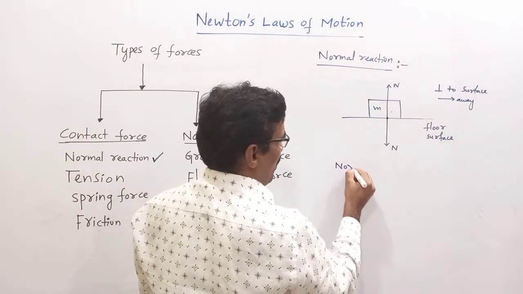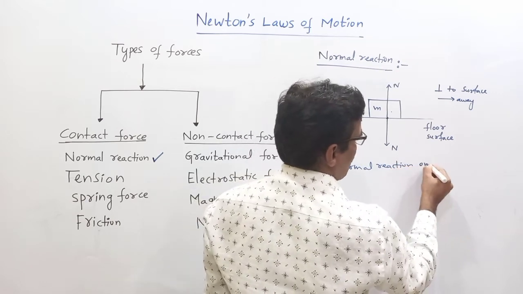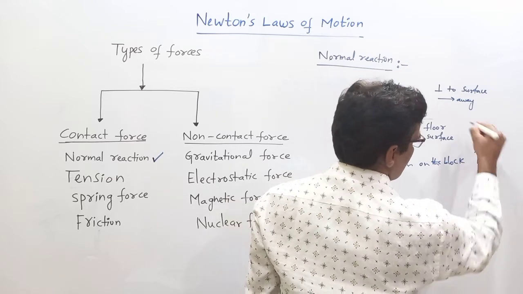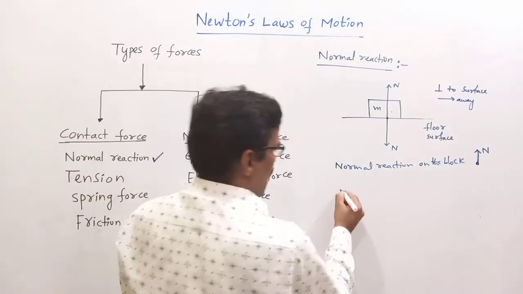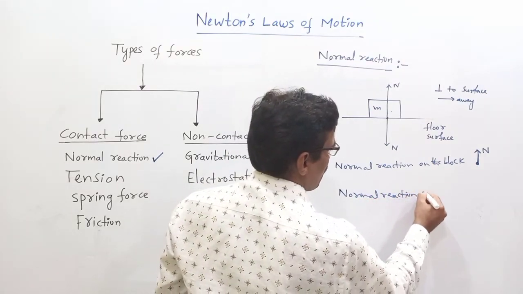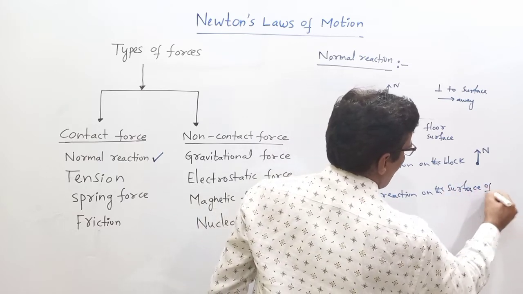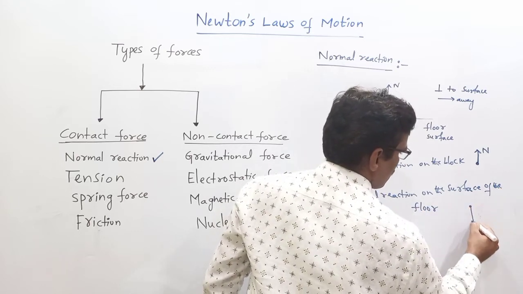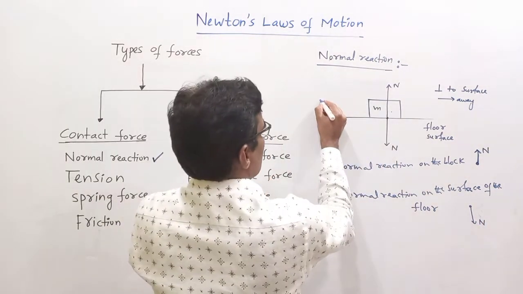For this case, the normal reaction on the block is vertically upward, and the normal reaction on the floor is vertically down. This is one example.